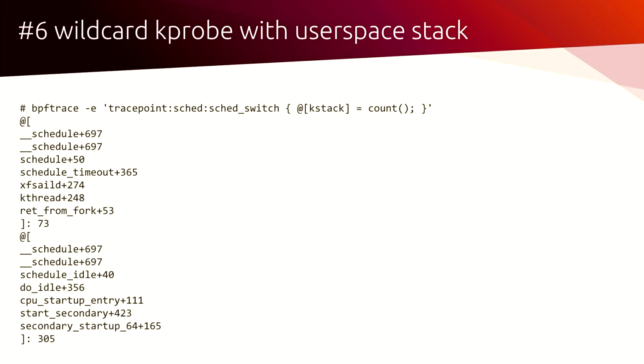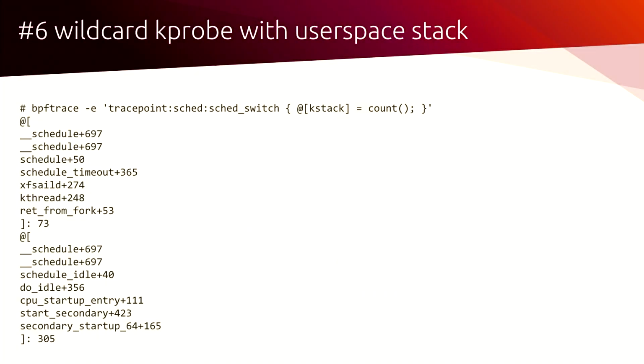And as a bonus, because I wanted to throw an extra one in, a number 6 out of 5, I wanted to trace something in the kernel, but then correlate that with the user stack. And in this case, I was trying to understand systemd was at some point changing the CPU set of a process. That's a list of CPUs it can run on. And I didn't know why or from which area of systemd was doing that.